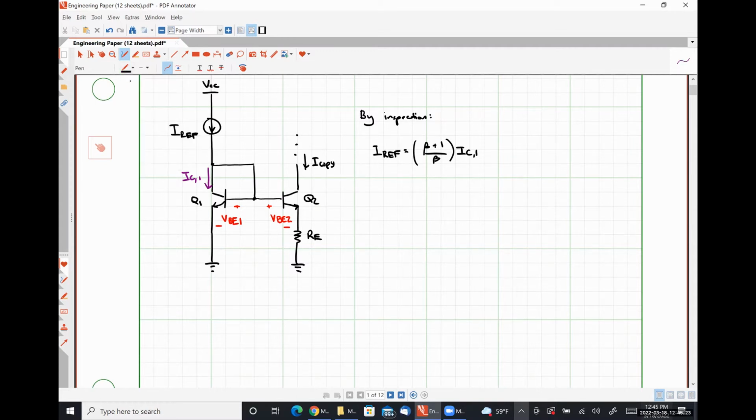So from this, we can say that this is simply beta plus 1 over beta times IS EXP VBE1 over VT.